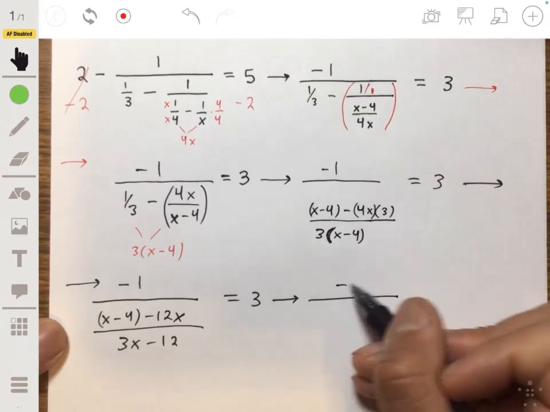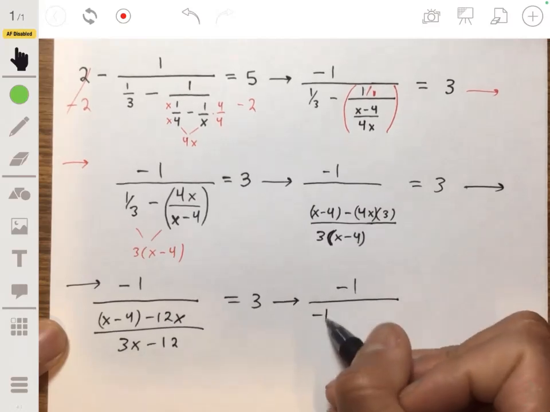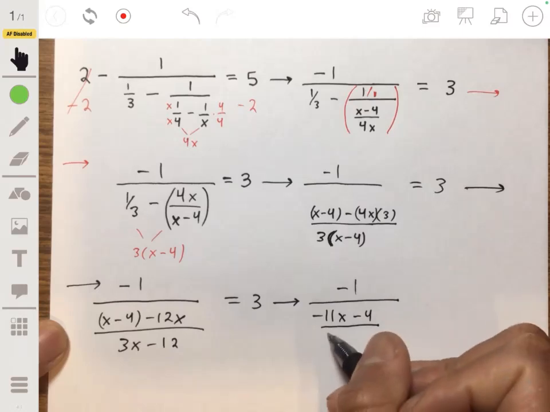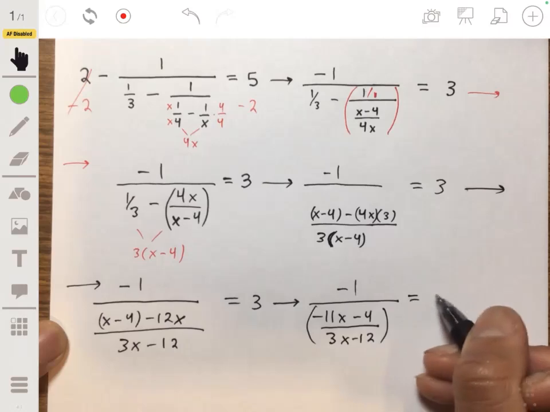Simplifying the left side, we get -1 over x minus 12x, or -11x minus 4, all over 3x minus 12, equal to 3.